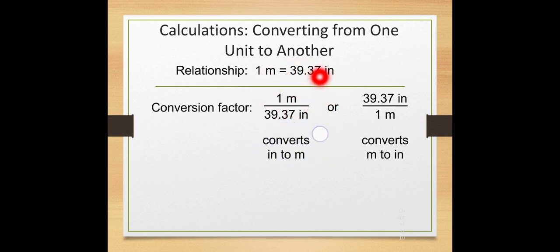But what happens when we have to convert something into inches? How do we apply this conversion factor? In this case, we have to put the value in inches in the numerator and meter in the denominator. So this is how we convert meter into inches, and inches into meter.